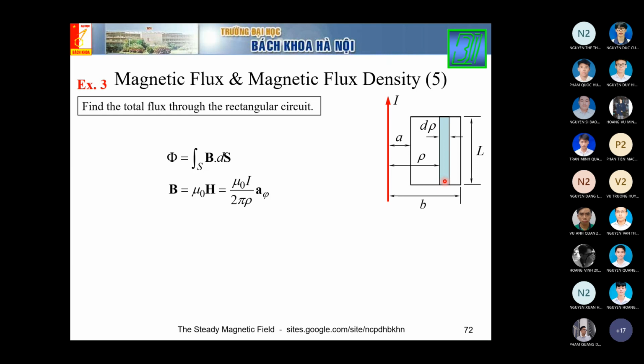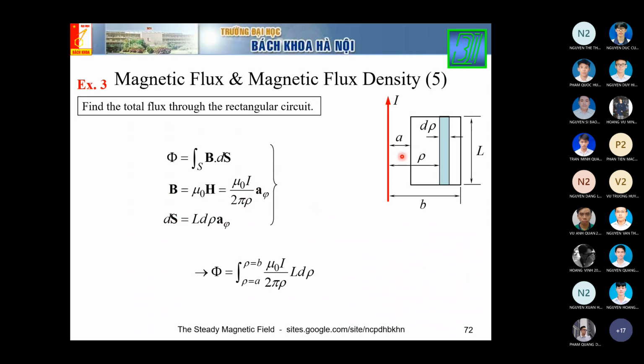Okay, so for this very small rectangle, its area will be L times d rho, and its direction will be tangential to the MF5, which is A5. Then we got this. And I think everything will be fine right now. You find the dot product between B and ds. A5 dot A5 is 1.